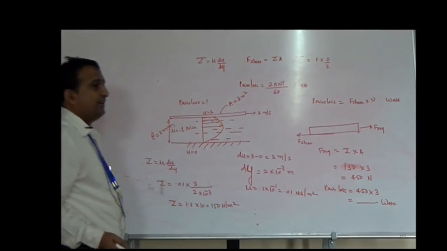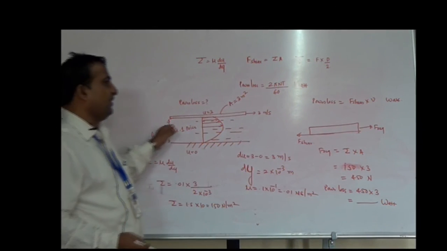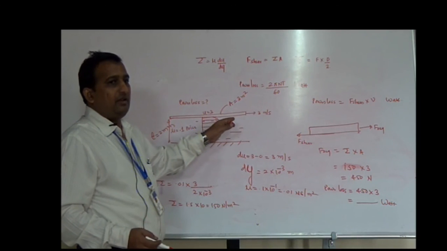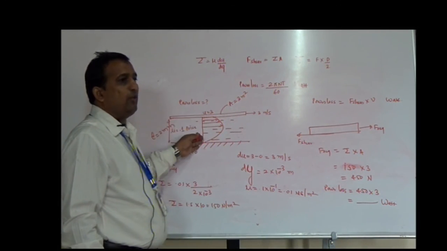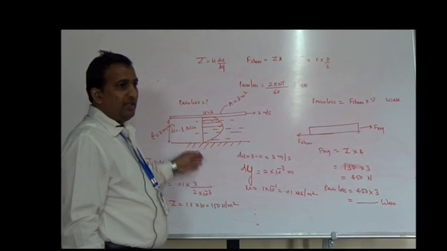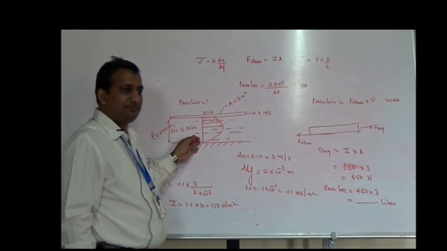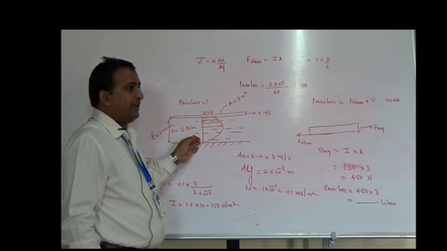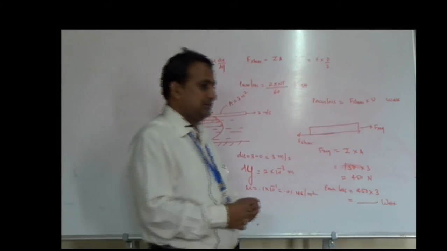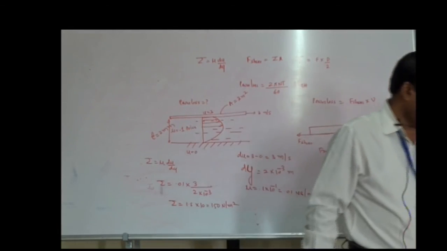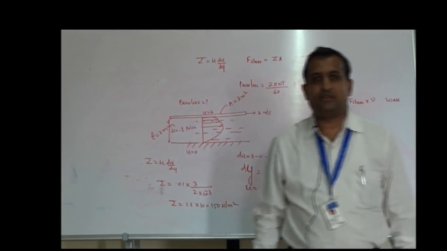If the upper plate moves to the right and the lower plate to the left, then we have to add both velocities for du; if in the same direction, we subtract. So this is the very fundamental and basics of fluid mechanics. Okay, thank you.